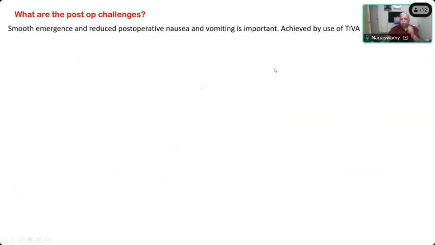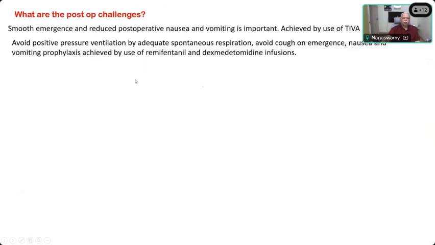That can be achieved by use of TIVA rather than inhalation agents. And avoid post-operative ventilation by adequate spontaneous respiration. Don't give positive pressure ventilation during extubation in these cases. That will increase the pressure, and if there is a CSF leak, it will worsen it. And use of remifentanil and dexmedetomidine is quite useful in this particular case.